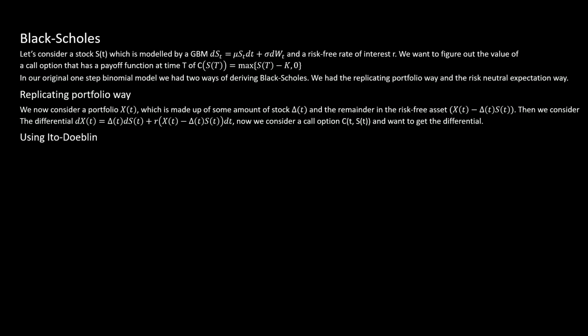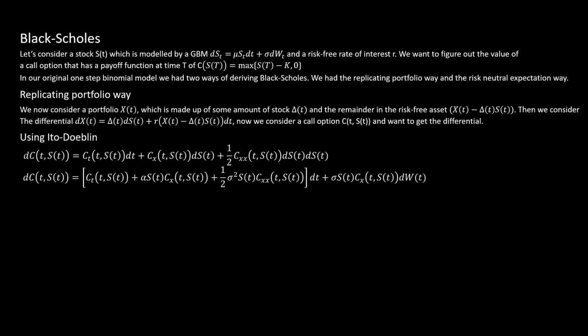We actually have to use Ito-Doeblin's formula for this because we're considering a function of a stochastic process. So if we expand it, we get this. And if we do a few substitutions, we'll finally get this, subbing in our values for geometric Brownian motion. There it is. Now, before we let them equal each other, we are actually going to do one small thing.